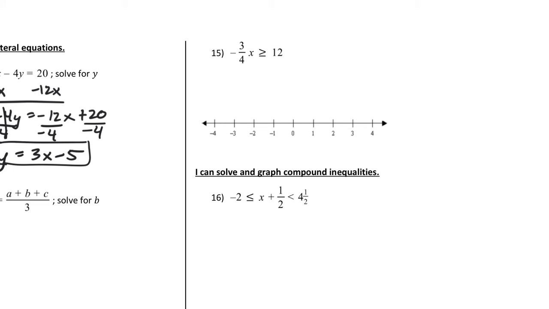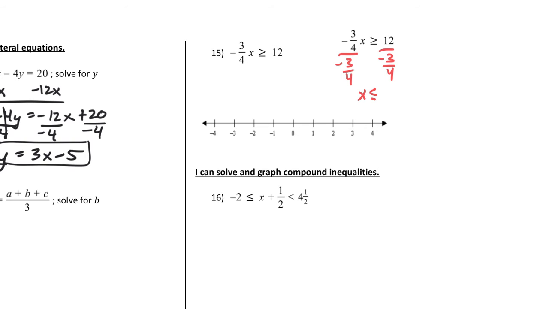Okay, so number 15. I'm going to copy and bring it over here. I'm going to divide by negative 3/4. I would have to divide this by negative 3/4, and got to switch the direction of the inequality.